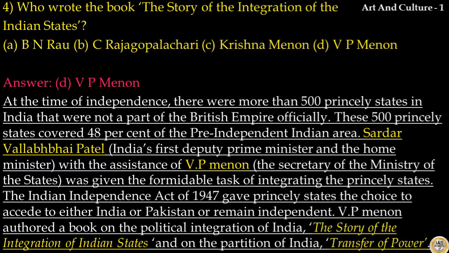The Indian Independence Act of 1947 gave princely states a choice to accede to either India or Pakistan or remain independent. V.P. Menon authored a book on the political integration of India, that is The Story of the Integration of Indian States, and on the partition of India, that is Transfer of Power. So here the answer to this question is option D, V.P. Menon.